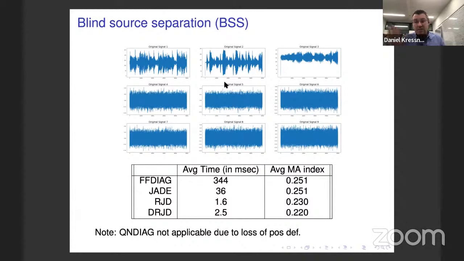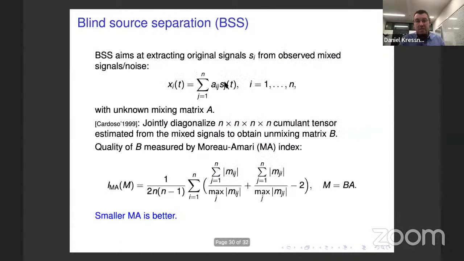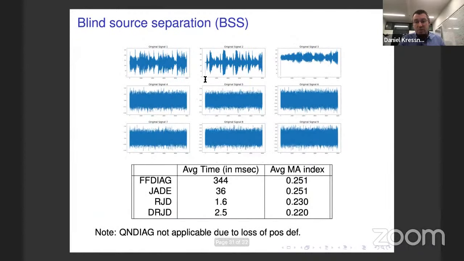The signals have length 5,000 or 6,000, but at the end, this cumulant tensor only depends, the size only depends on the number of signals you have originally and the number of signals you observe. In this case, this is equal to 9. So this is just a 9 by 9 by 9 by 9 tensor. Still, optimization-based methods need like 0.3 seconds to obtain this.